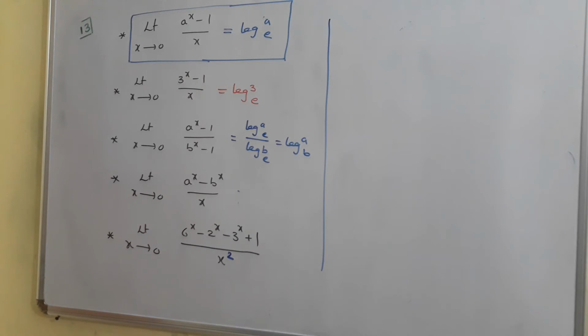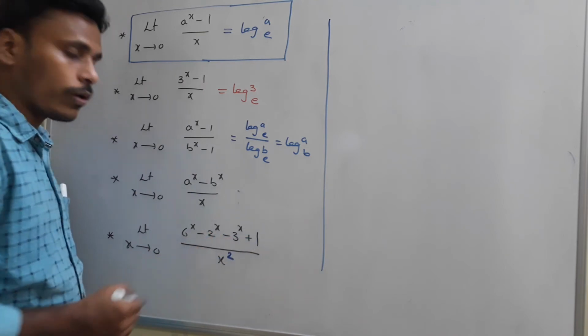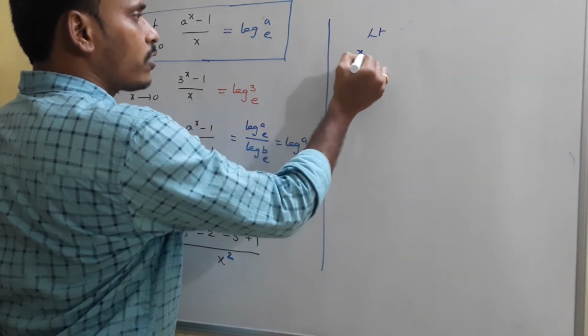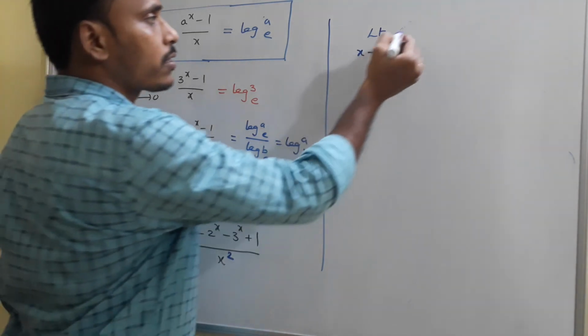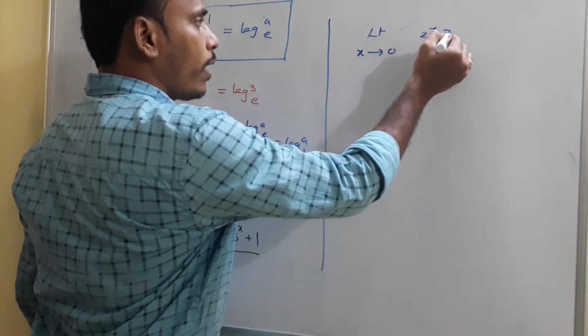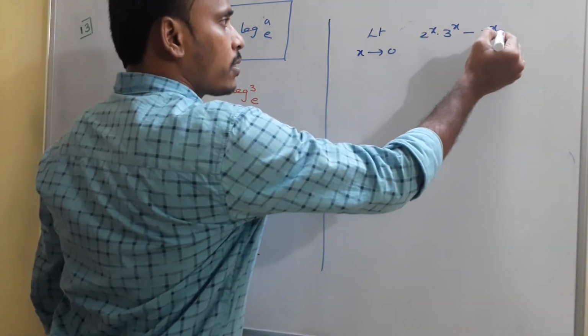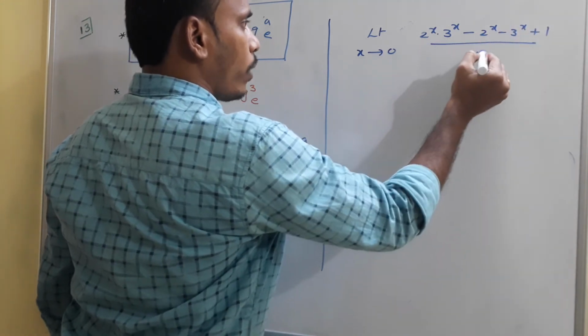So the next problem is what? Limit as x tends to 0 of (6 power x minus 2 power x minus 3 power x plus 1) by x squared. Then what I do is, write this 6 power x as 2 power x into 3 power x. So (2 power x into 3 power x minus 2 power x minus 3 power x plus 1) divided by x square.